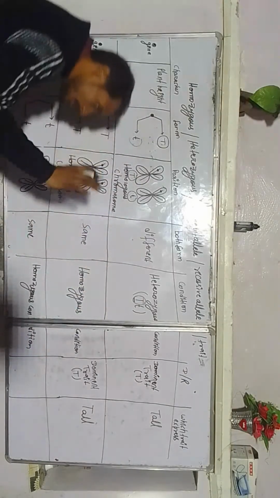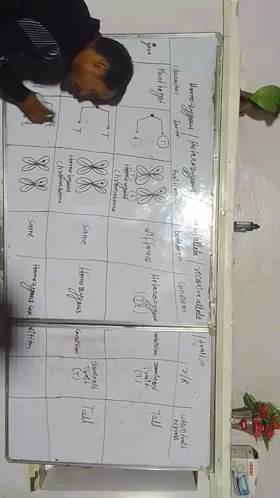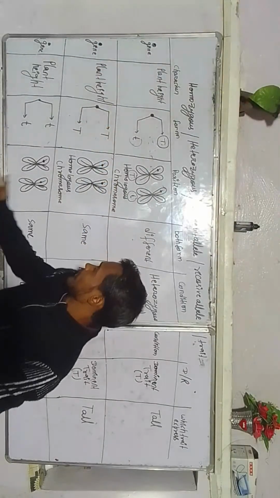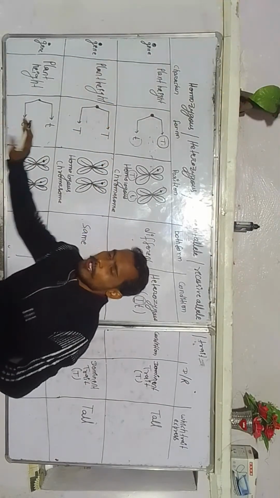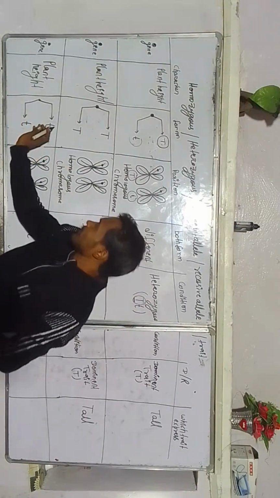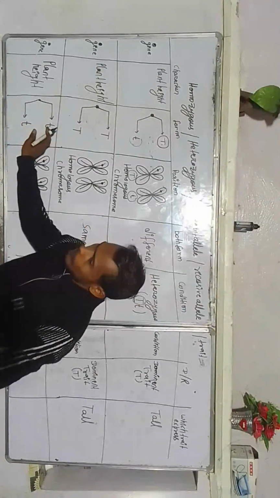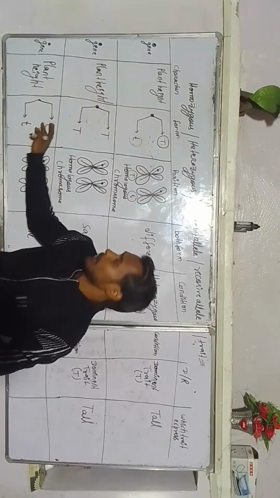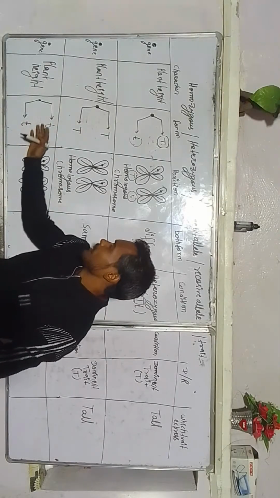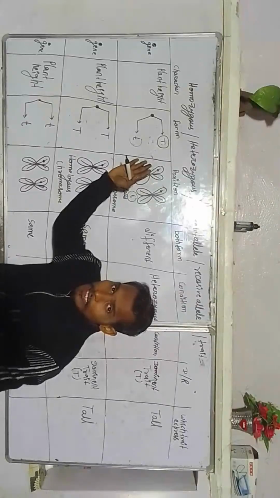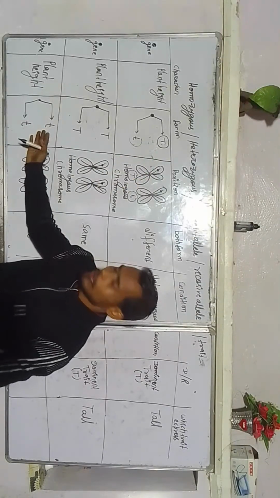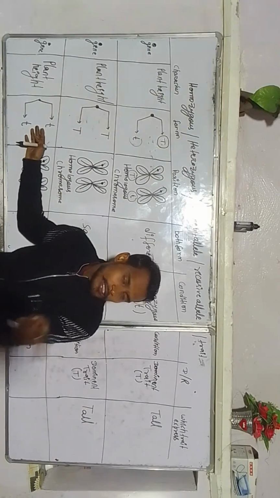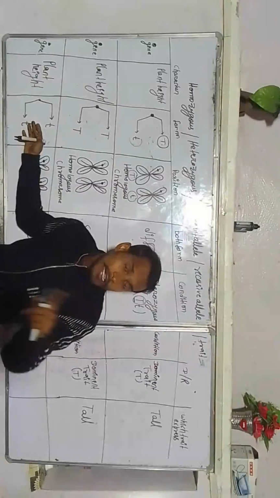Now you know there is no dominant allele here. Only small t is present, that means only dwarf is present. A dominant allele is not present here. After dominant, we learned recessive.